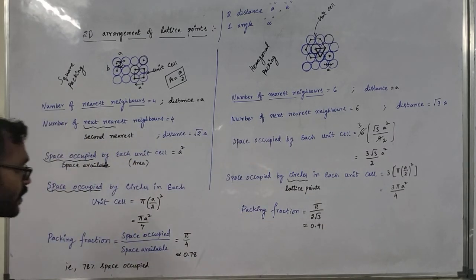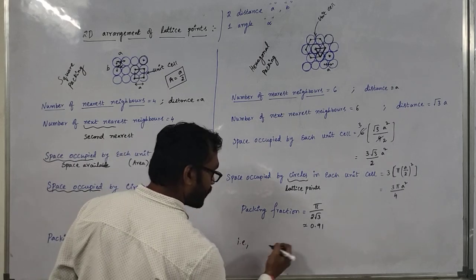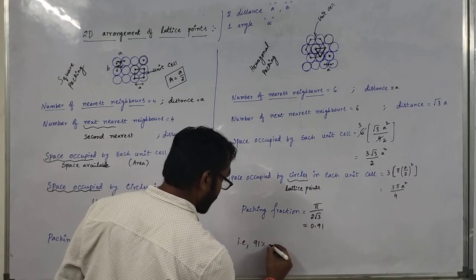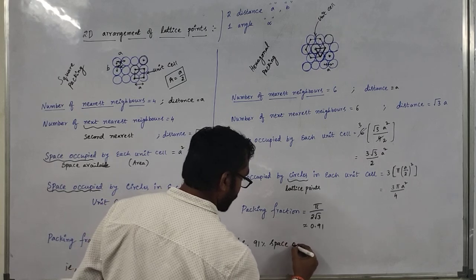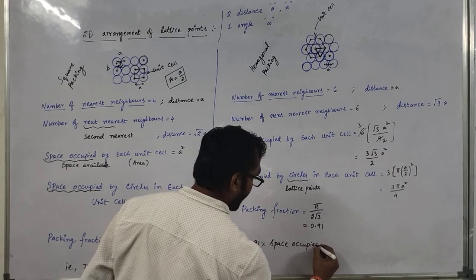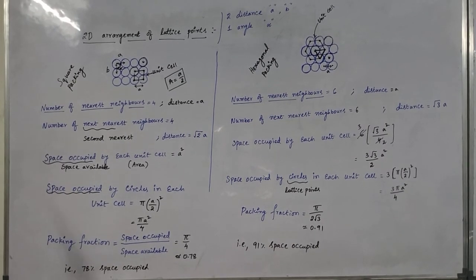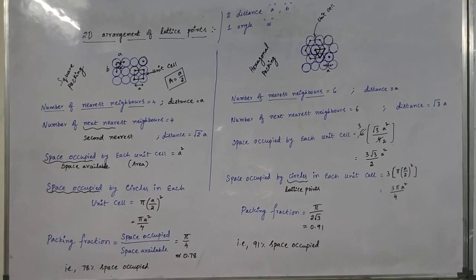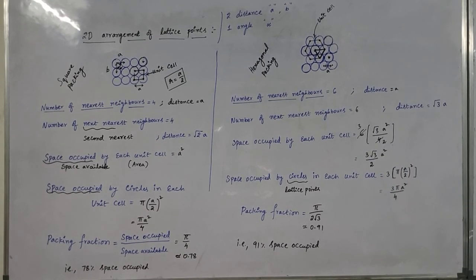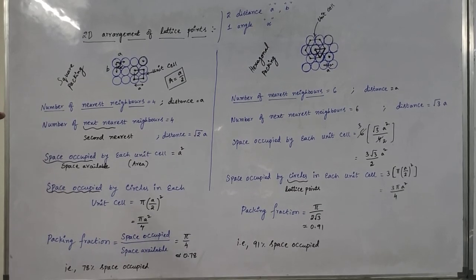What is the meaning of it? 91% space is occupied, and 9% space is empty void. Now among these two, in both cases two-dimensional, where have circles occupied the available space more efficiently?